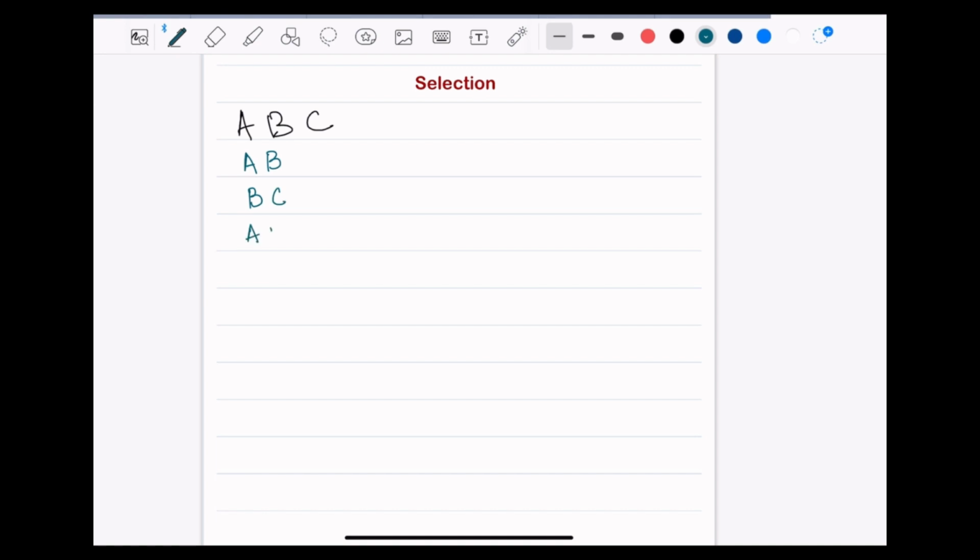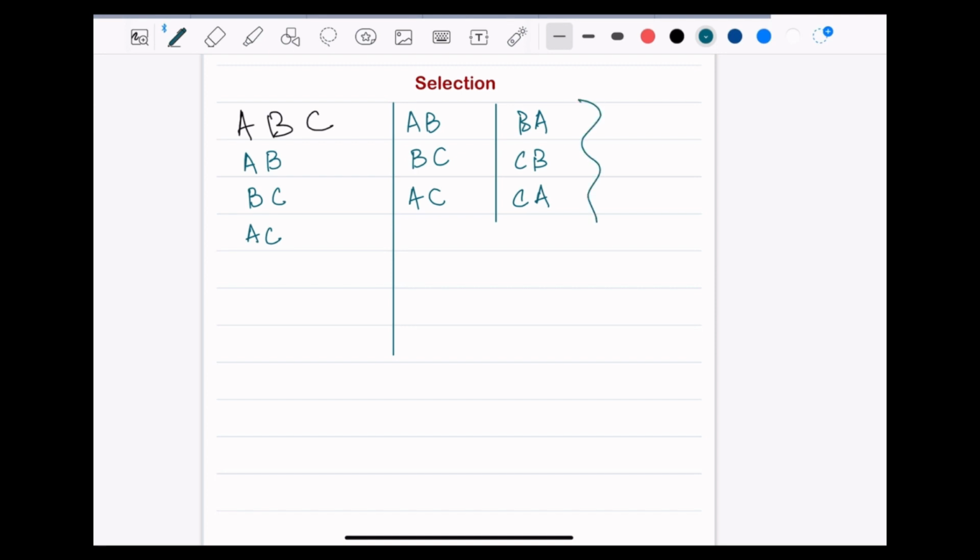BC, AC. Now what we are used to doing is writing AB, BC, taking out all the possible combinations, BA, CB, CA.